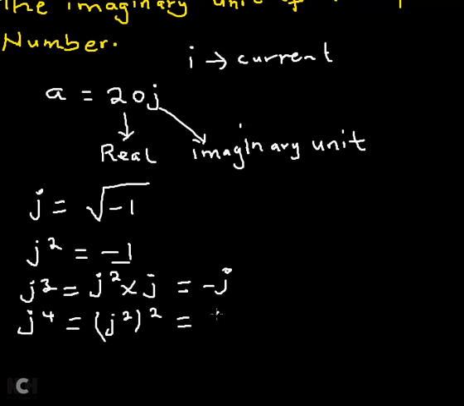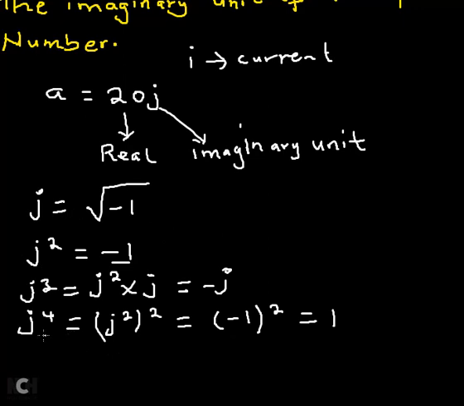Now J square is minus 1, and when I square it, it's going to be equal to 1. So these are the powers of J. Anytime we are manipulating J, this is how we manipulate the powers of J.